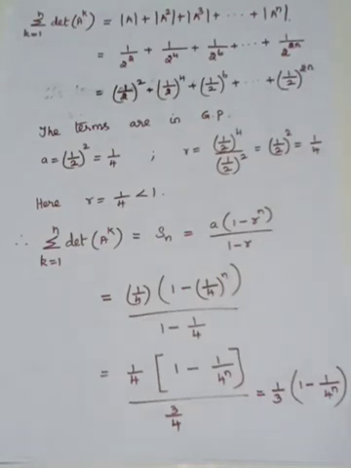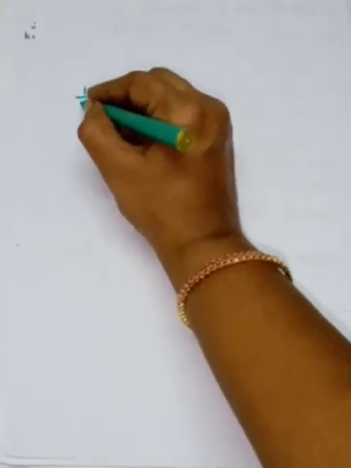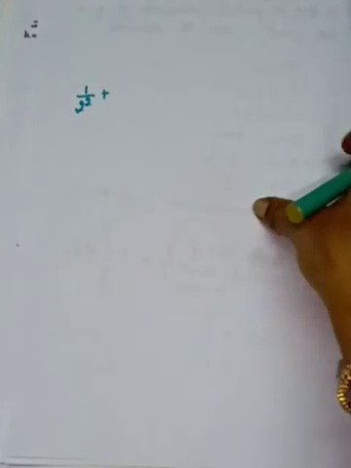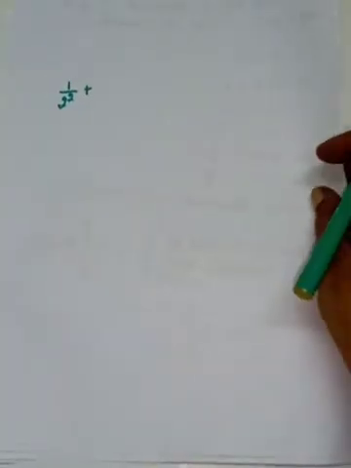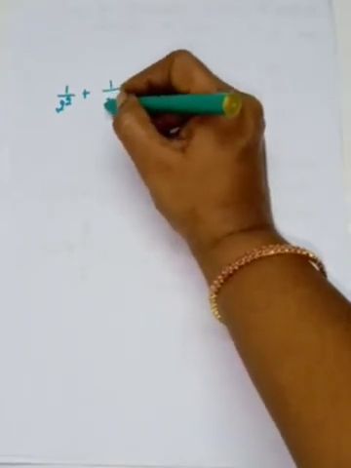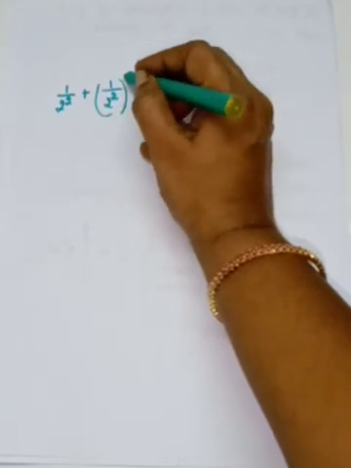Otherwise, this can be written as, you see that first one, 1 by 2 the whole square. You just have 1 by 2 squared plus, next is 1 by 2 the whole power 4. What is it? 1 by 2 the whole power 4, I can write as 1 by 2 squared the whole squared.